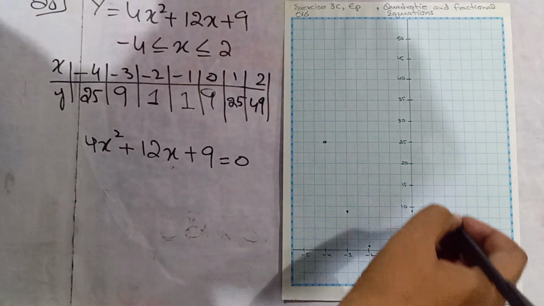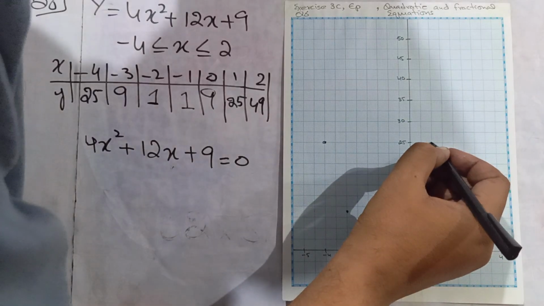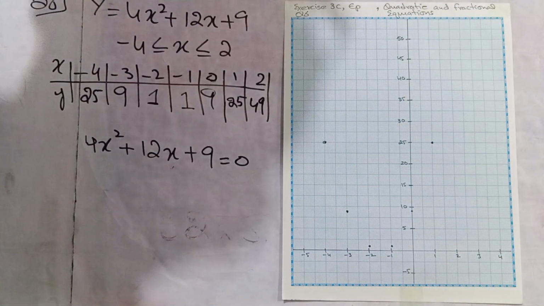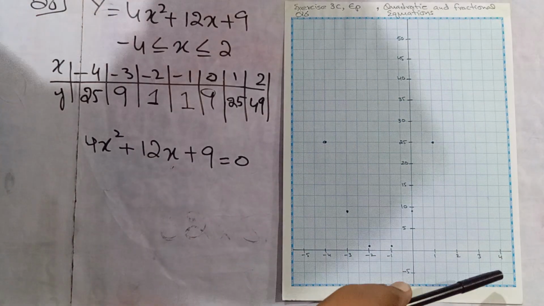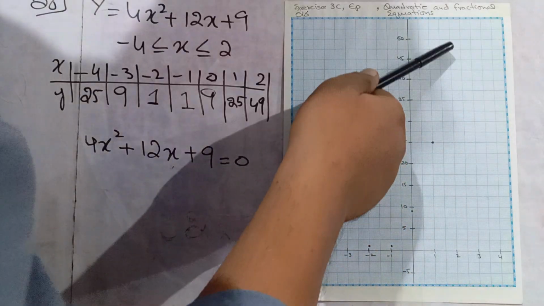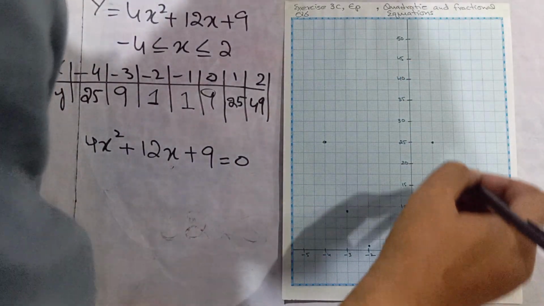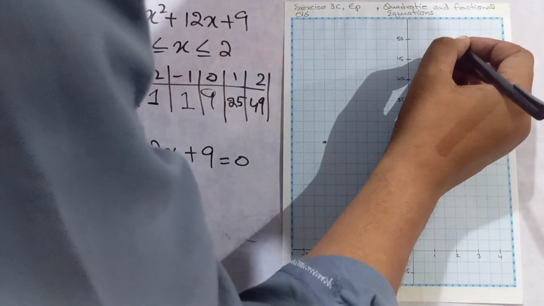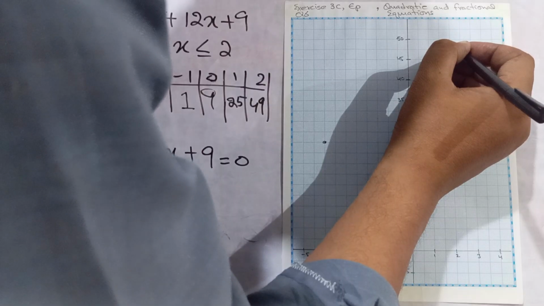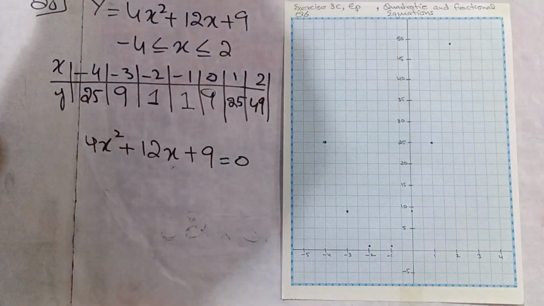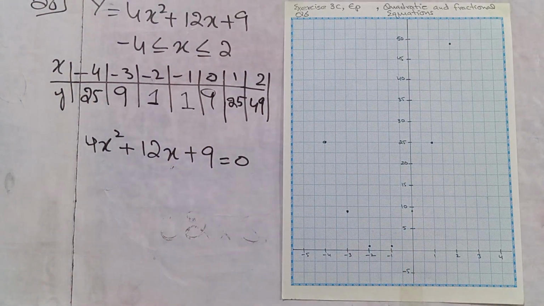At 1 it is 25, and at 2 it is 49. 49 will be here. So these points are almost smooth. They can give you a smooth curve.